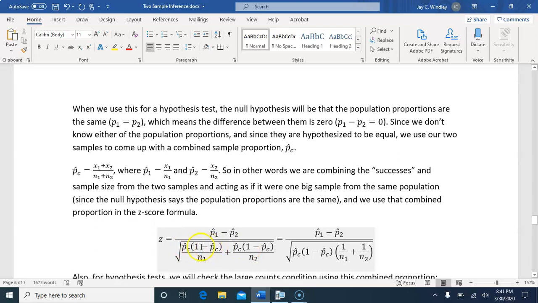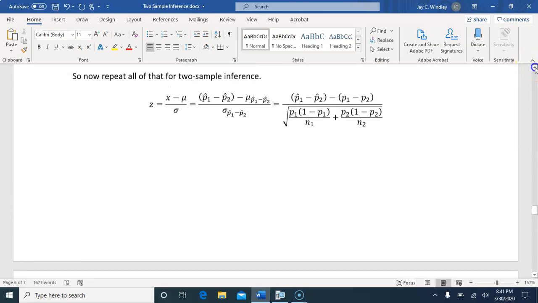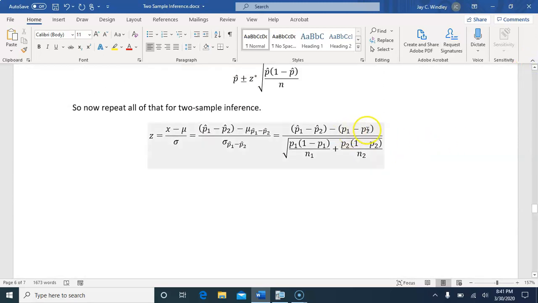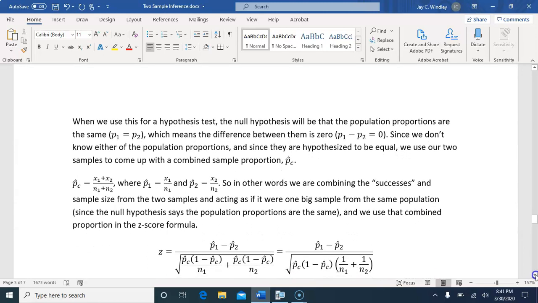And since this expression in the numerator and this expression in the numerator are the same, that gets factored out, leaving us with 1 over n1 and 1 over n2. And also notice that the top of this expression has lost the p1 minus p2 term, because p1 minus p2 is 0 according to the null hypothesis.